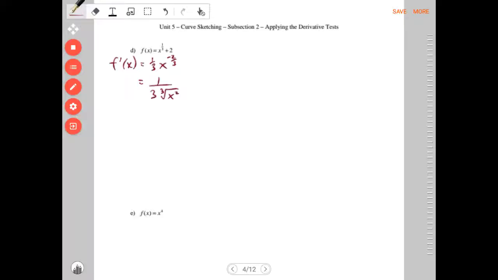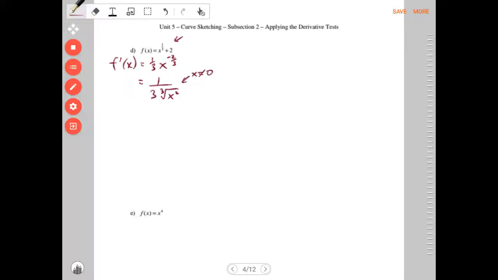Now, even though there's not a domain issue for the original function, there is a domain issue for this one. We know that x cannot be 0, at least for the first derivative, because if x was 0, we would be dividing by 0.